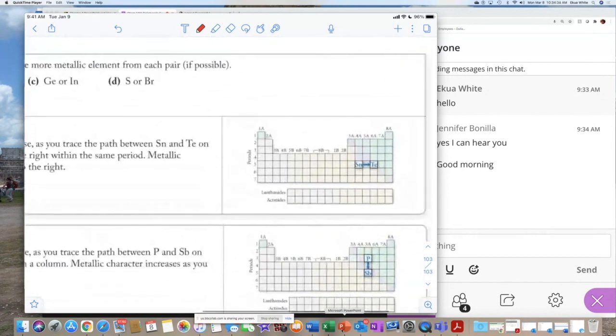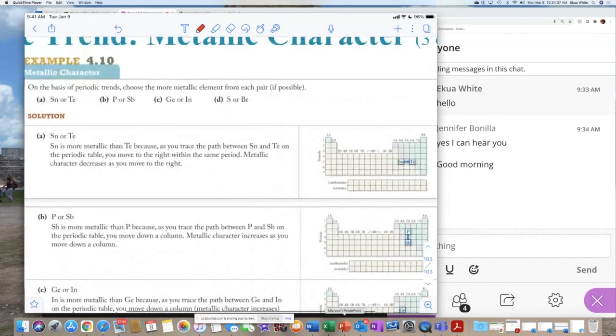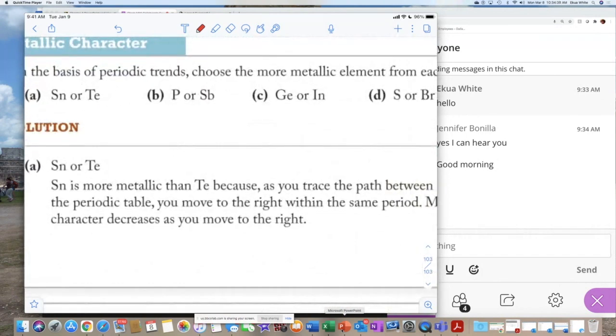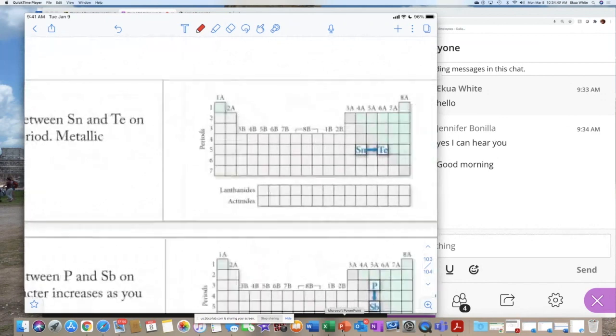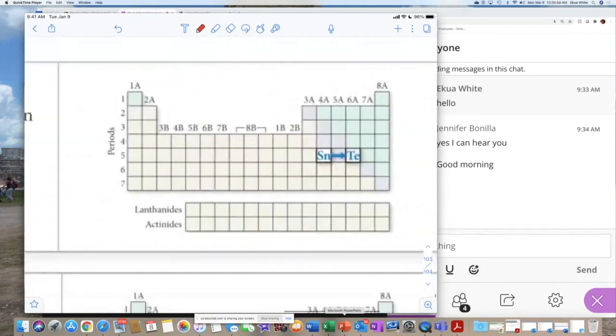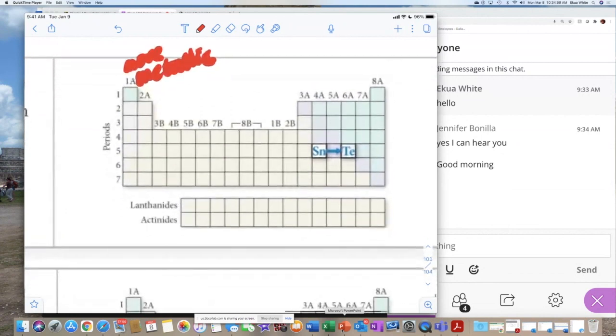So I'm going to go with this picture since they already have this in picture form, Sn and Te. You look at your periodic table, Sn, Te. In my case, they're in the same period. So they have it right here, Sn and Te. And we said more metallic on the left, right? And then we have more metallic on the bottom.